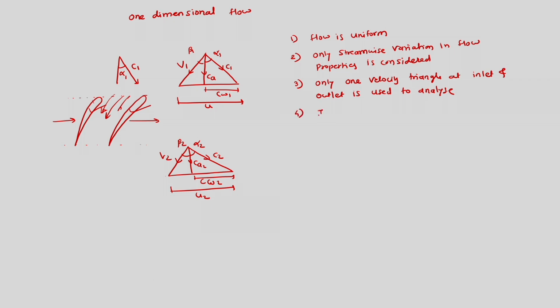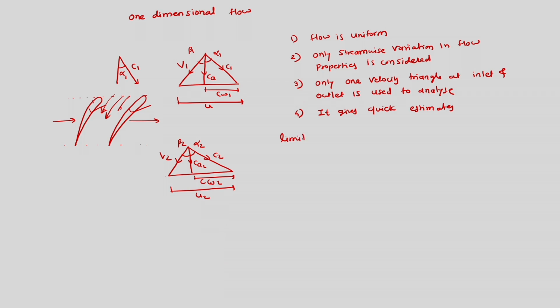Thus, it gives a quick estimate. These assumptions are very helpful for finding the basic fundamental parameters or performance parameters of a turbo machine quickly. So these assumptions were helpful for us.